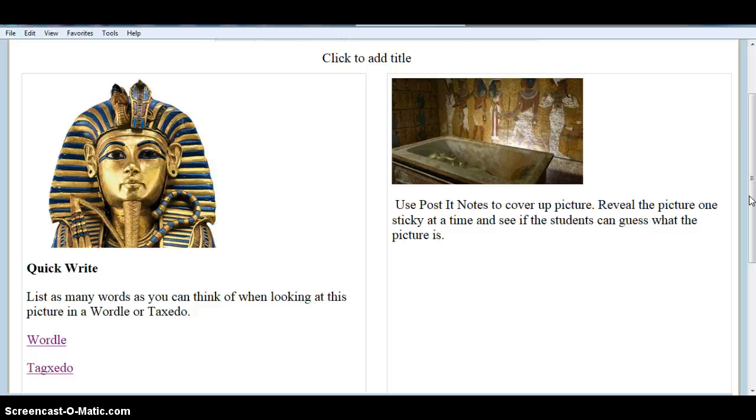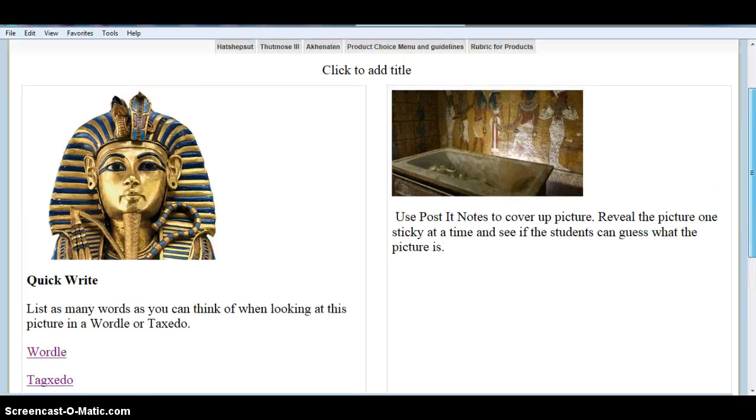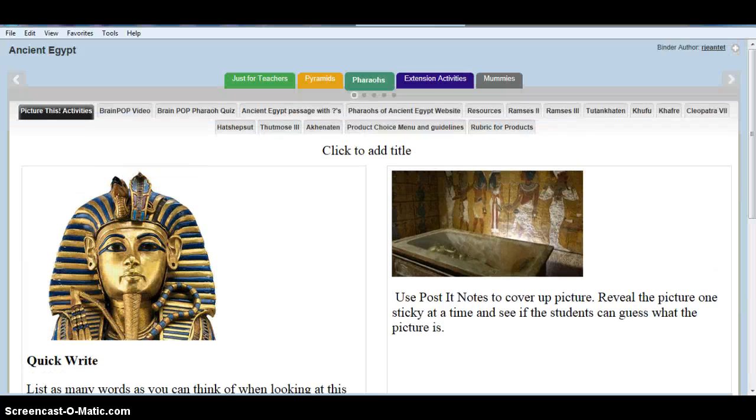I had them type in as many words as they could think of that related to pharaohs. I prompted them with clues like characteristics of a pharaoh, where they thought pharaohs ruled, why they thought pharaohs ruled, what they looked like, what they acted like, anything that had to do with pharaohs. And then they would create the Tagxedo or the Wordle.